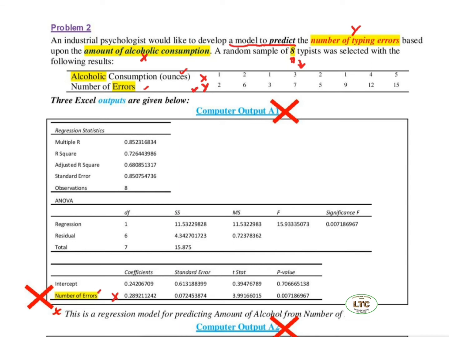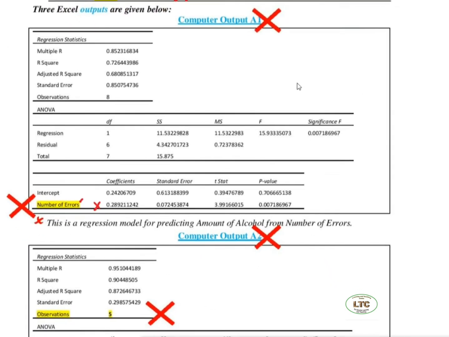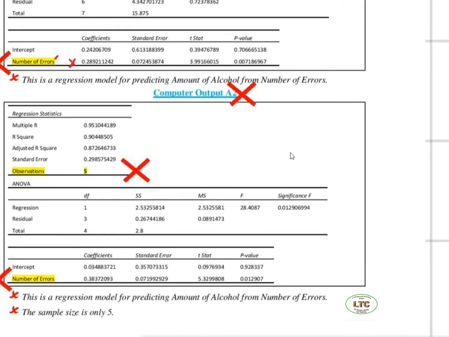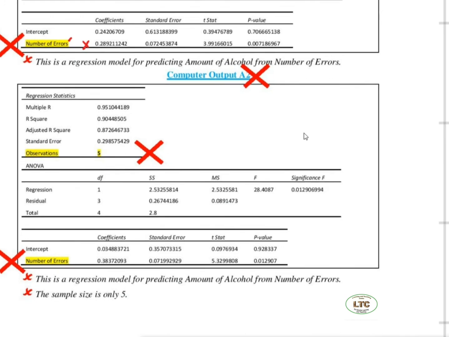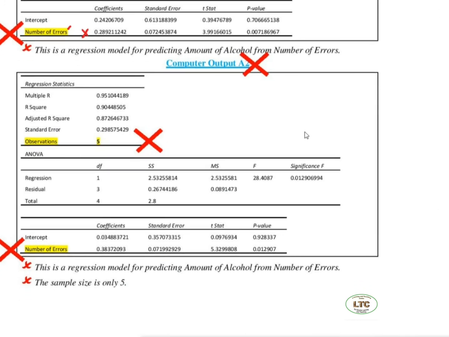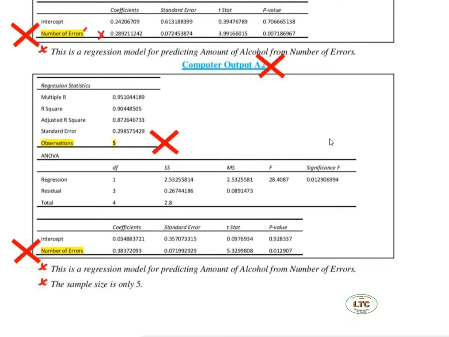So this output A1 shows regression for estimating alcoholic consumption, not to estimate number of errors. Therefore, this is a false output. So you have to remember 2 key points. The dependent variable is typing errors, number of errors. Sample size is n, 8.